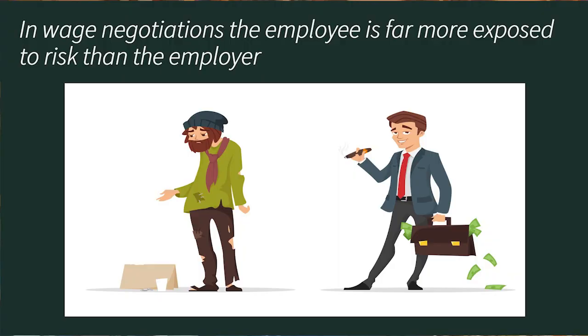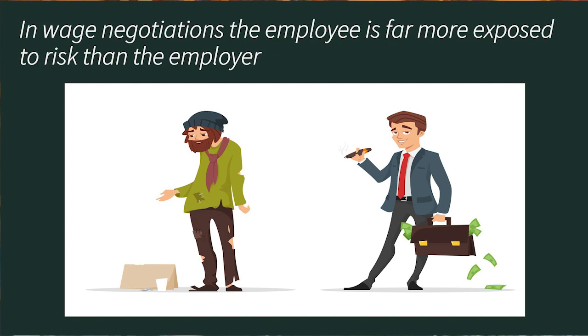Now, there are two types of power here. The first is the power to confront risk. A company usually has far greater resources than a worker. If a worker walks away from a job, the company can usually keep going pretty well. But if the worker walks away, their life prospects will be damaged, possibly wrecked.